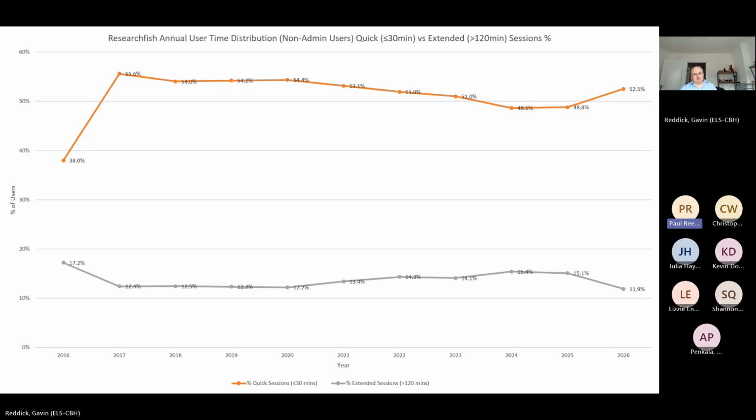So the user time figure is a little bit challenging because quite a lot of researchers report to more than one funder. And so it's a little bit hard to disentangle at this stage.